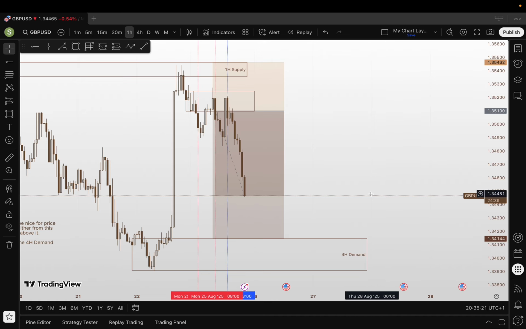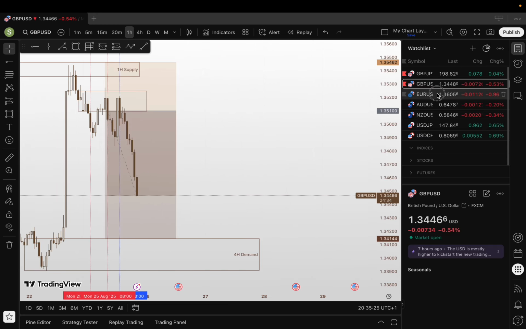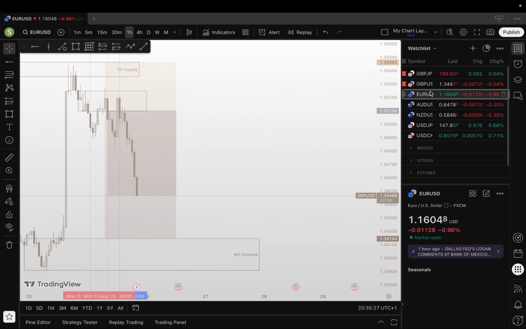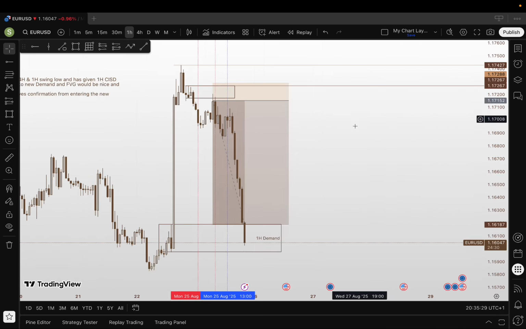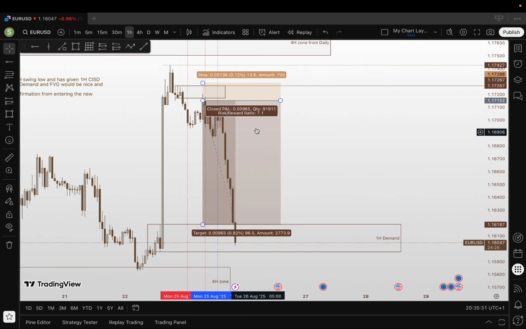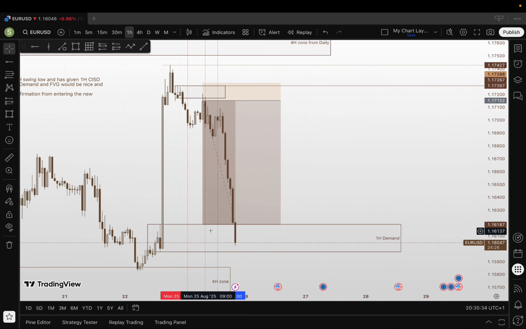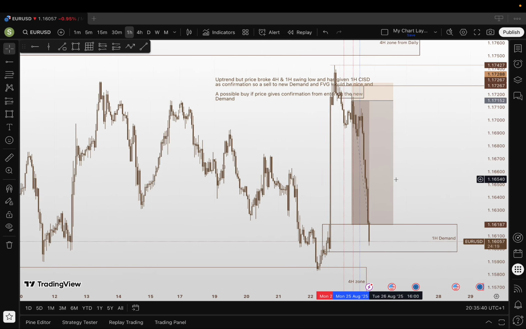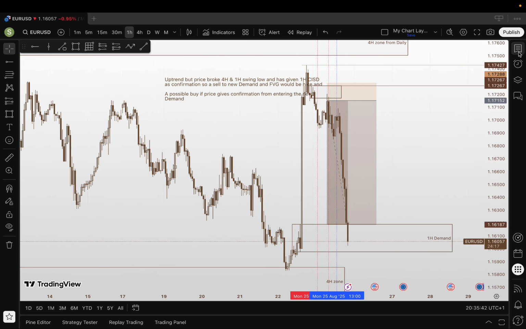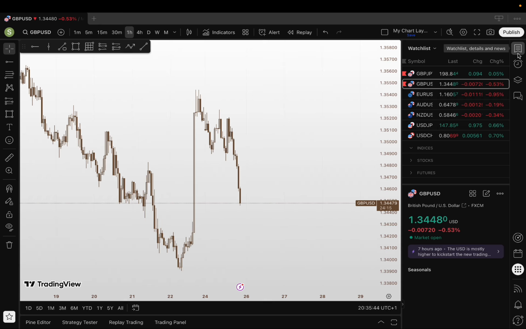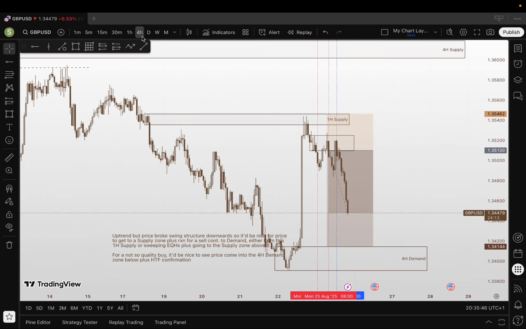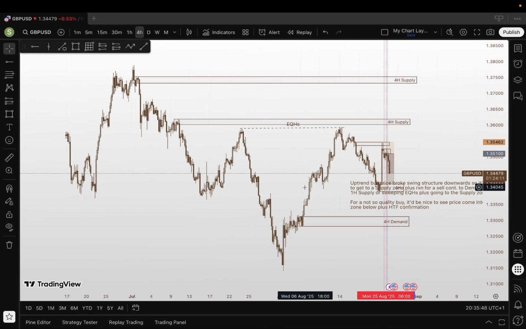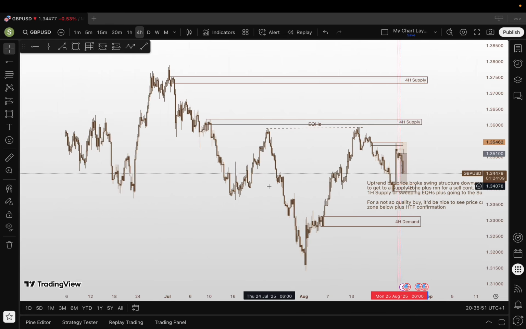demand. Yeah, so these are the two trades I saw on GBP/USD and EUR/USD. I did not take the one on GBP/USD, took the one here but exited early. So yeah, price probably reacts from this, but I'll look into that tomorrow. This is why I took the trades, basically, because price broke swing structure low.